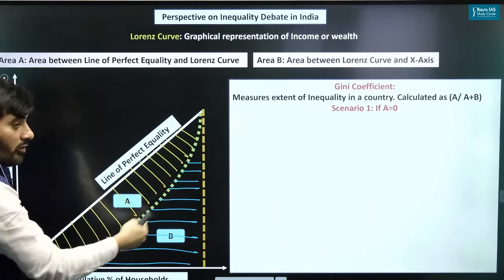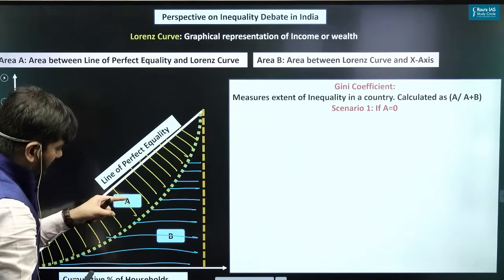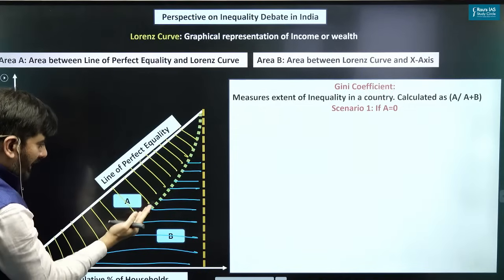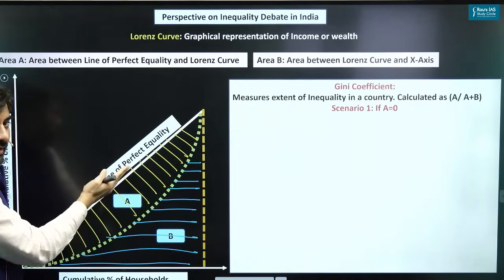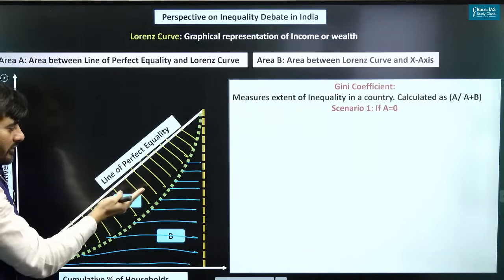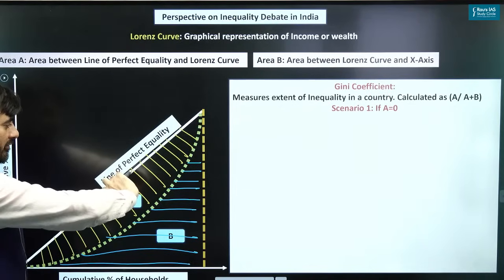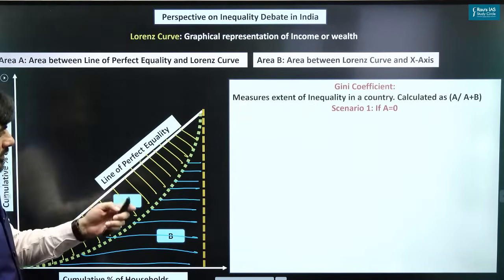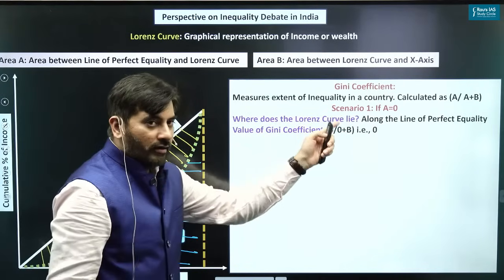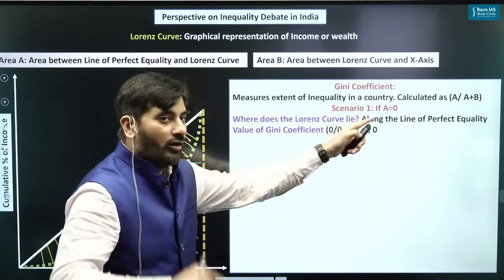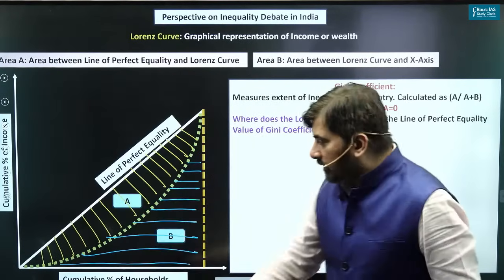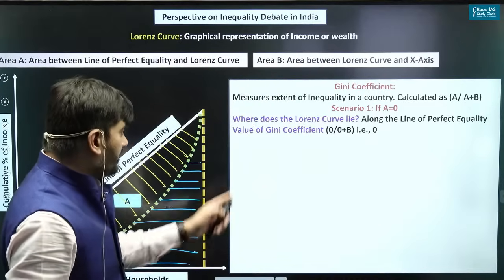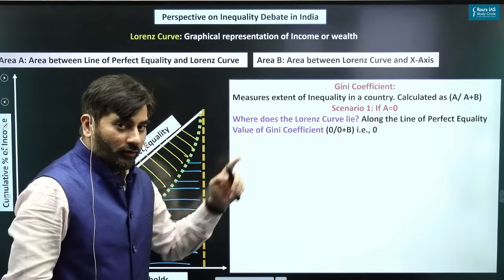If A is equal to 0, the gap between the line of perfect equality and the Lorentz curve is equal to 0, right? So the Lorentz curve will lie along the line of perfect equality. The Lorentz curve will be like this, which means what will be the value of the Gini coefficient?